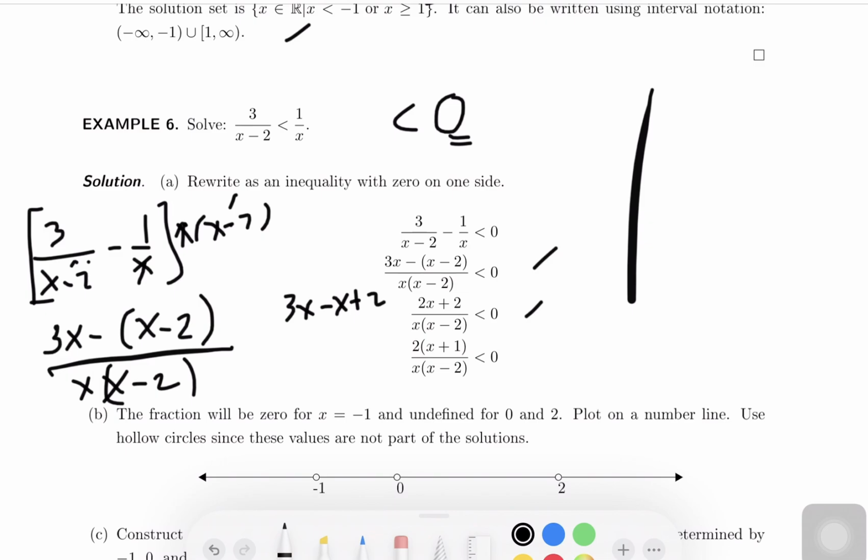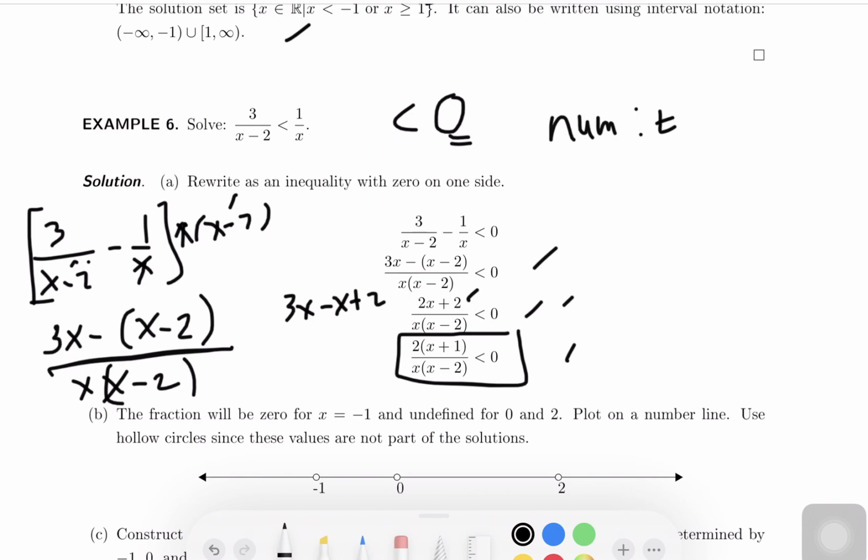The last step is to factor out 2 for this part because 2 is common. You can have this or this one for letter A for the first part. Next, we need the zeros of the numerator and the denominator. The numerator zero comes from 2x plus 2.